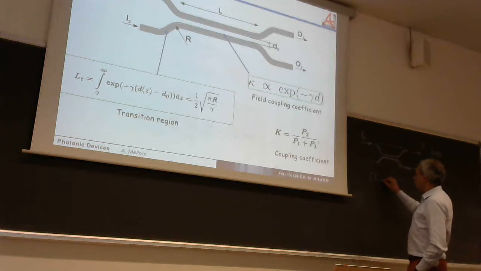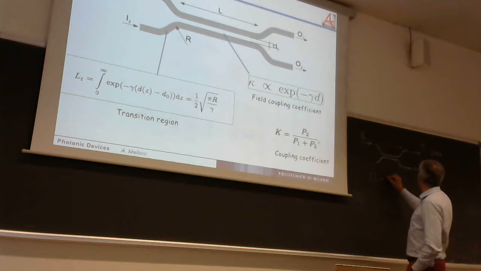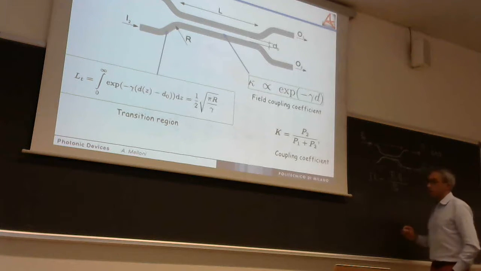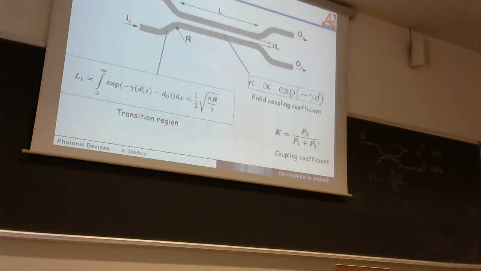The insertion loss is the ratio between P1 plus P2 and P0, basically what is lost in the coupler.